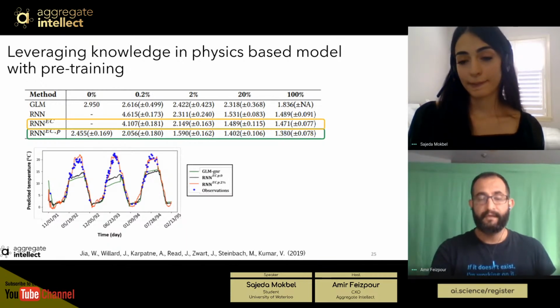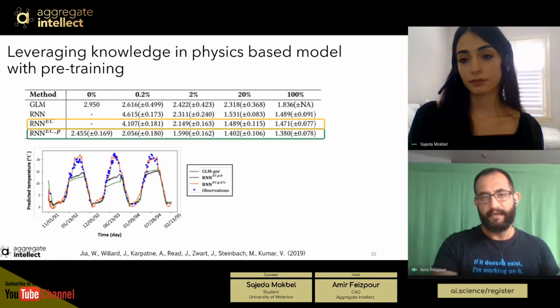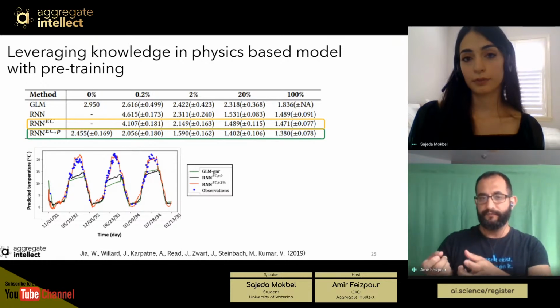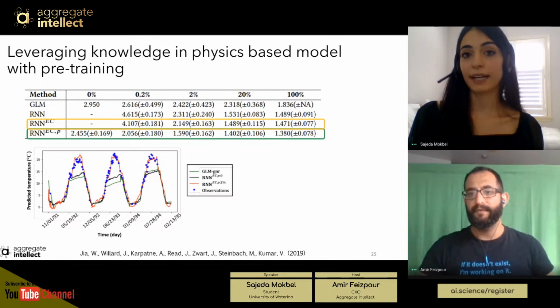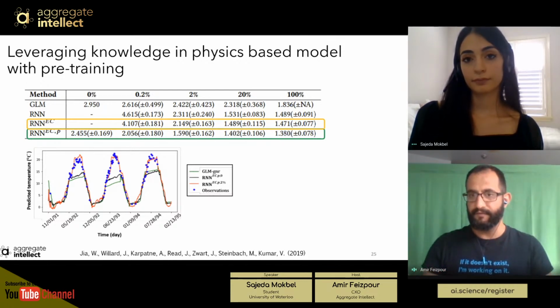Yep. I guess that's an interesting thing to investigate. My guess is that what they meant was, what if we could make changes to the architecture so that the results are more physical rather than just adding a term to the loss function? Because adding the term to the loss function is sort of a post hoc treatment of the problem.